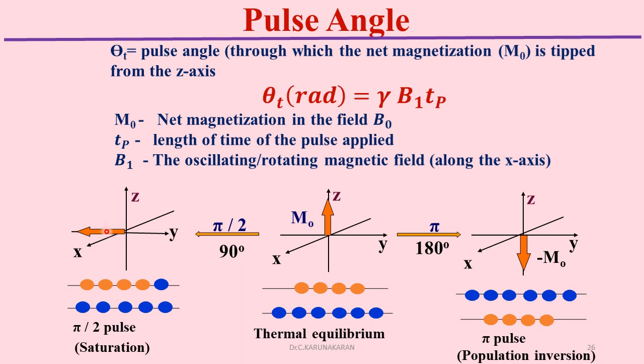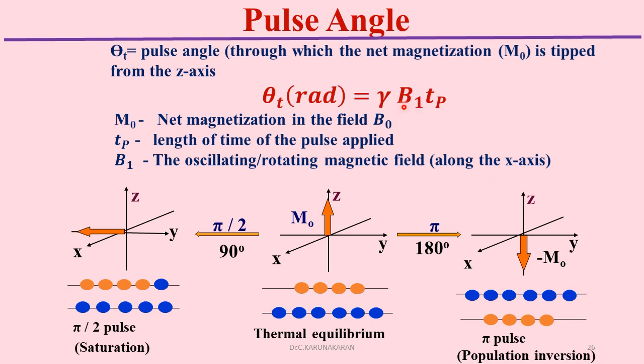For example, this is a 90-degree pulse, and this is a 180-degree pulse. Theta equal to 180 degrees. Theta is in radians. It is directly proportional to the rotating, oscillating radio frequency magnetic field, which is applied along the x-axis.